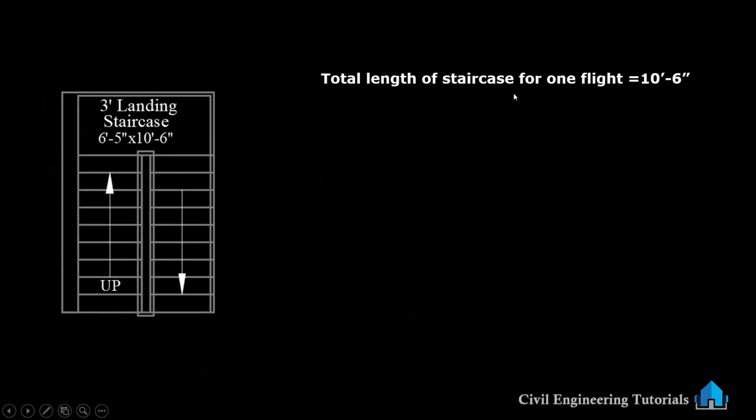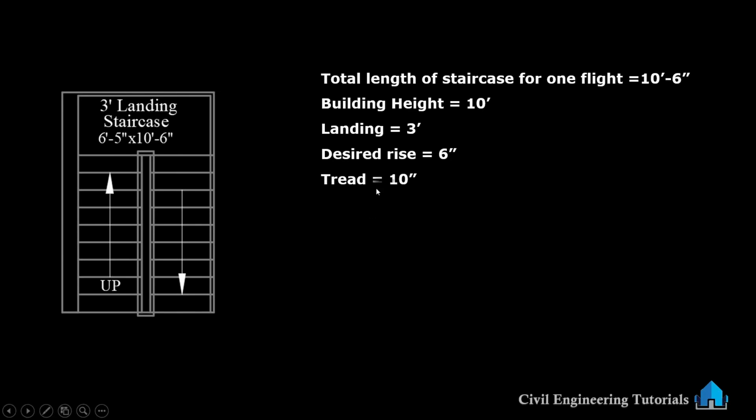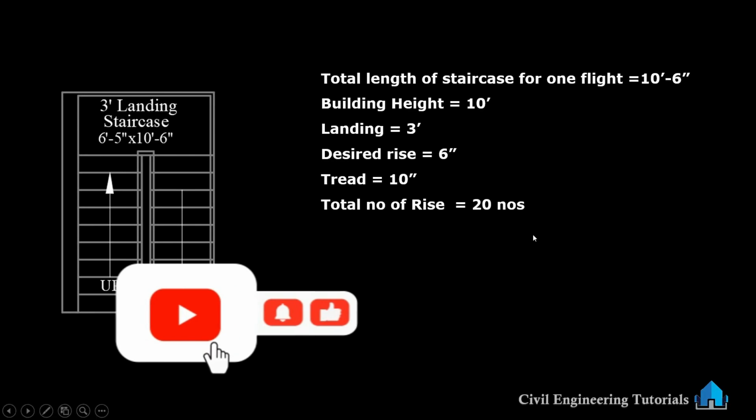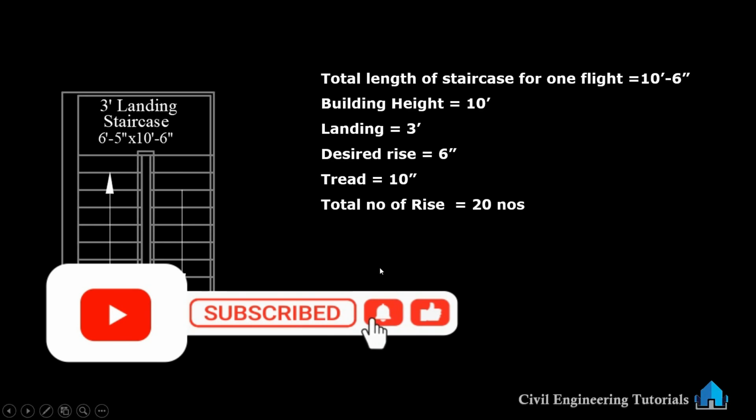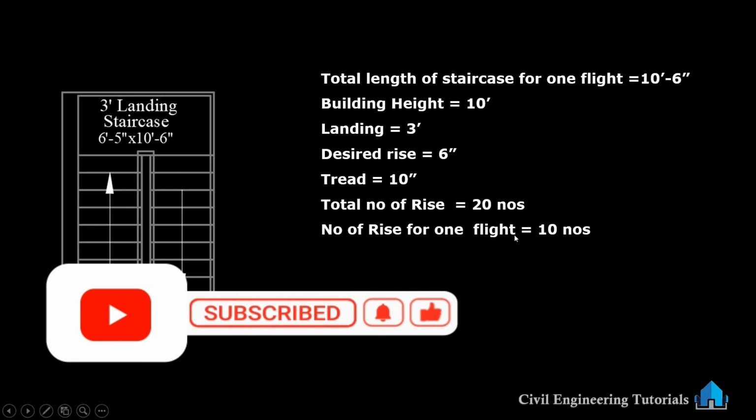Total length of staircase for one flight 10 feet 6 inch. Building height 10 feet. Landing 3 feet. Desired rise 6 inch. Tread 10 inch, this we have calculated. Total number of rise 20 numbers, we have calculated. Number of rise for one flight 10 numbers.